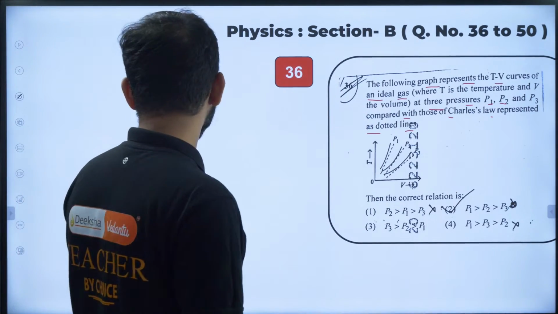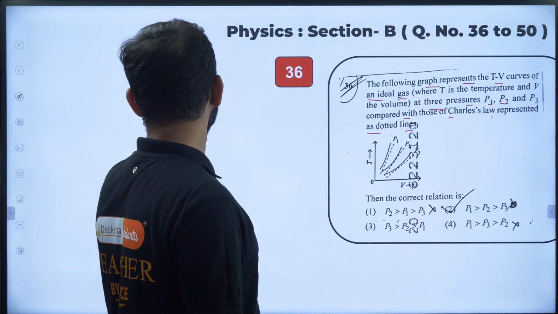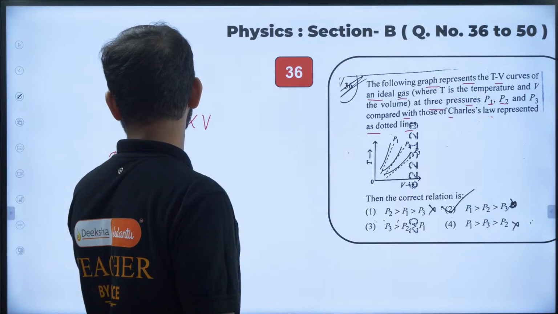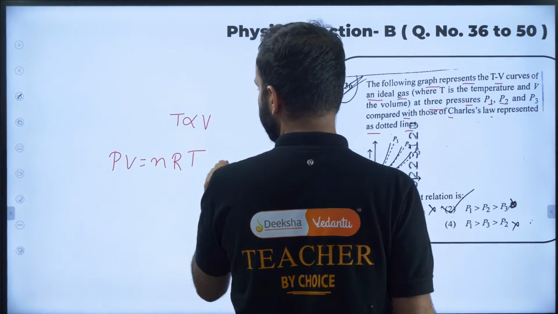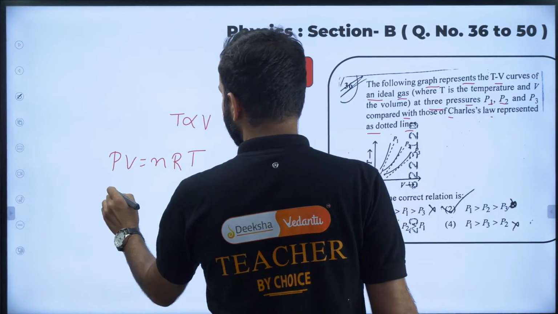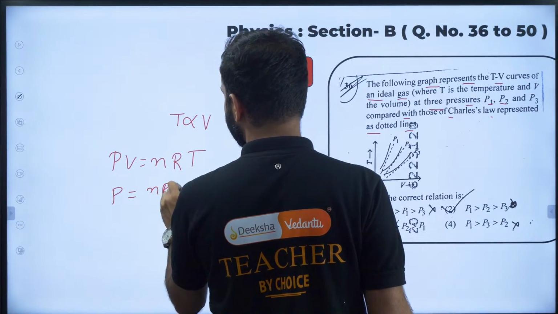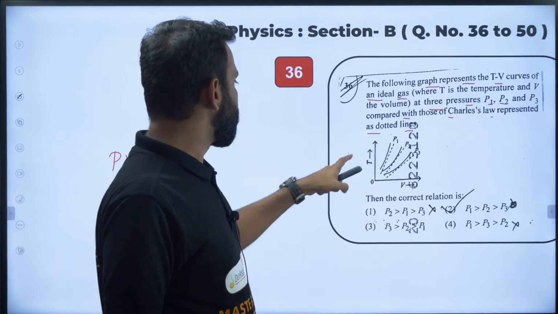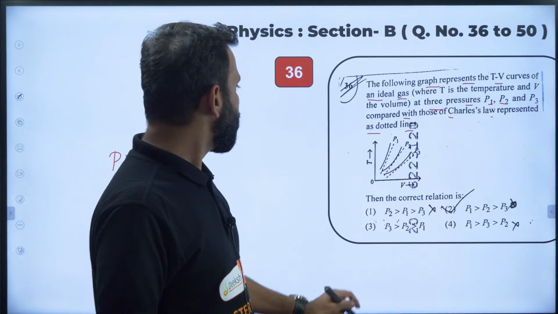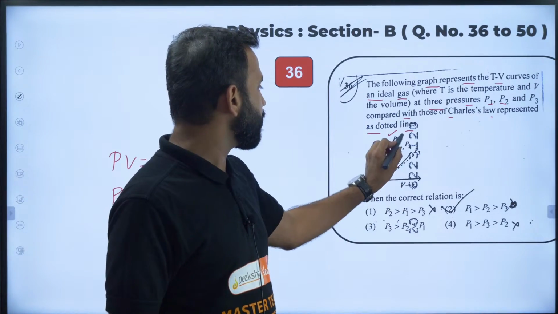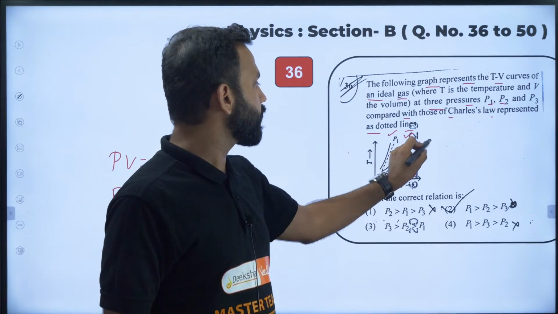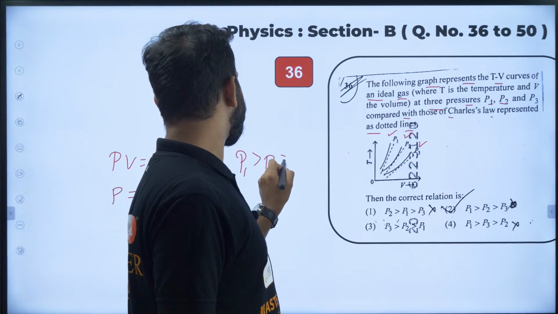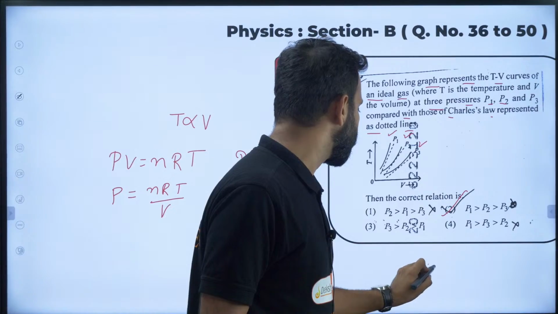Charles' law says temperature is directly proportional to volume. The ideal gas law is PV equals nRT, so P equals nRT divided by V. So the slope of the TV graph gives us the pressure. The slope of the P1 curve is greater than P2, and the slope of P2 is greater than P3. So pressure P1 is greater than P2 is greater than P3. So the correct option is 2.